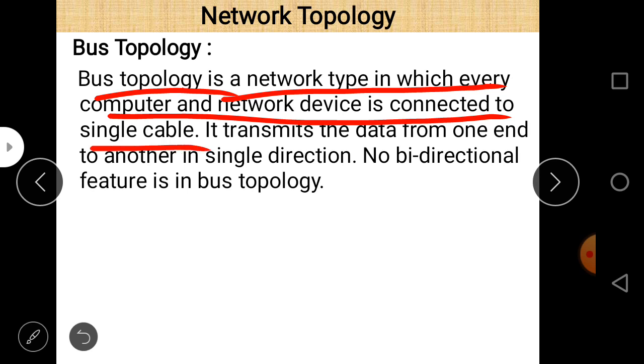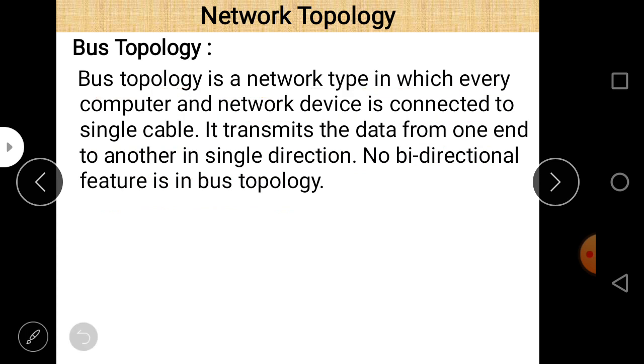The device may be a network device, a workstation or a computer, connected by a single cable, and it transmits the data from one end to the other in a single direction. It means unidirectional, no bidirectional feature in the bus topology.